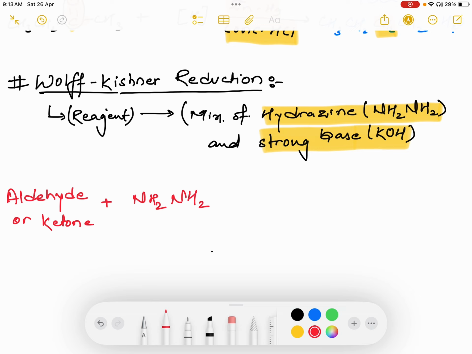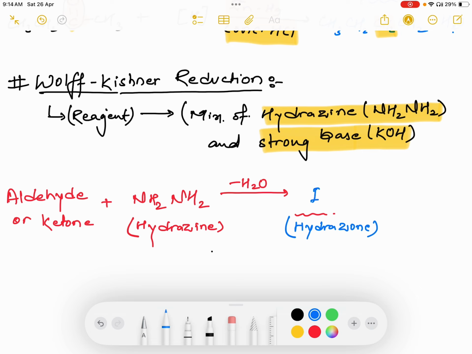What will come out? In the first step, you will find water coming out. And in the middle you will have hydrazine, and what will form here is a hydrazone.